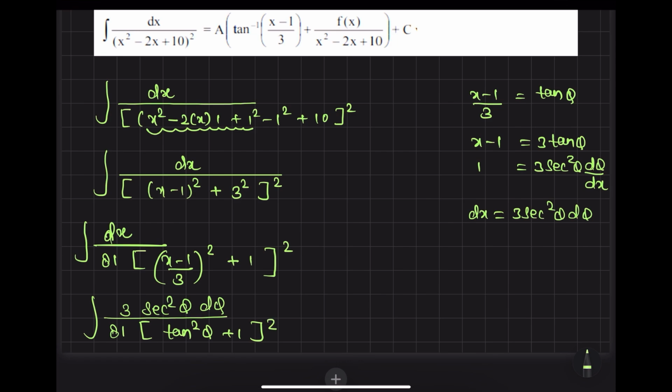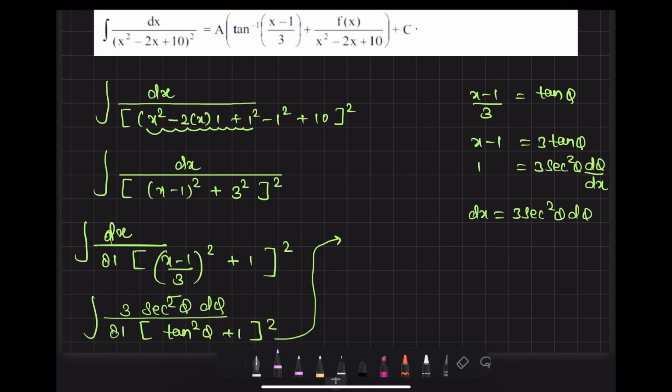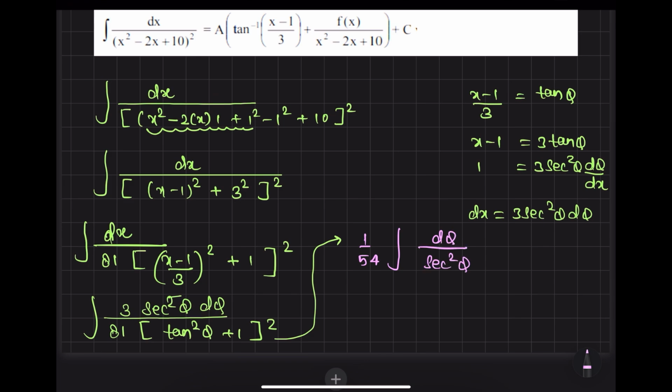So 1 plus tan² theta becomes sec² theta. Sec² theta to the power 2 becomes sec to the power 4, and sec⁴ and sec² will get neutralized, and we will be left with sec² theta. So can I rewrite this question as, first 3 can also be neutralized? So we will be having 1 by 54 integration of d theta by sec² theta.